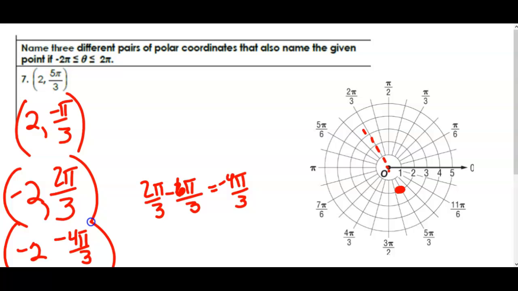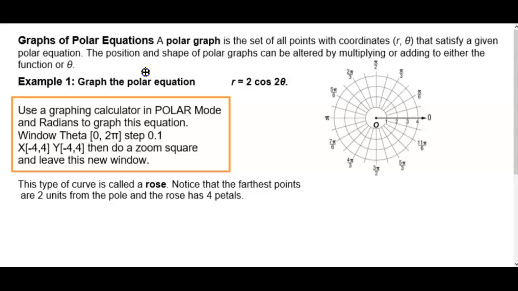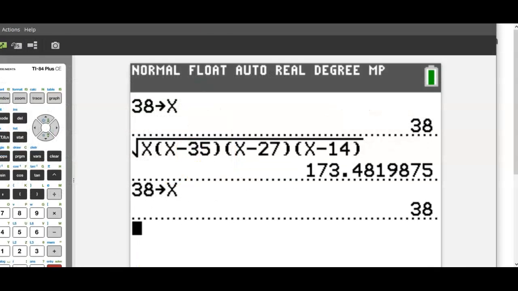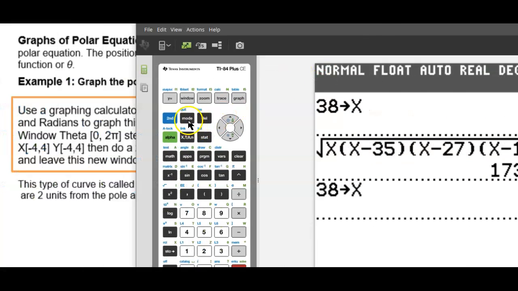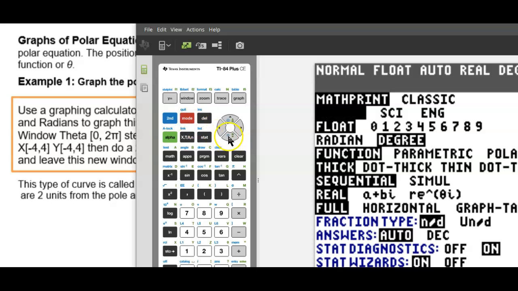All right. Anyway, okay. Then the last thing I'm going to show you today is the fun part. We're going to do graphing on the calculator. So you're going to take your calculator and go to mode and go to radians.